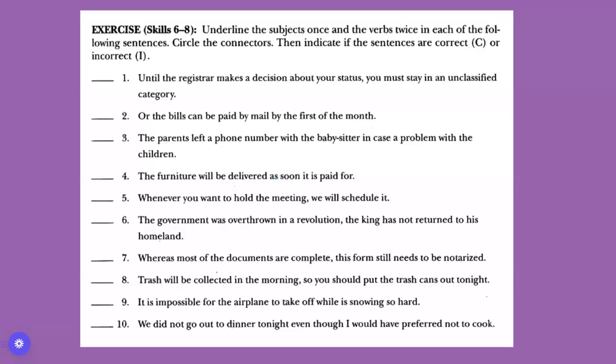Number 5 is correct. Number 6, missing connector. Could be "so." So the king has not returned. Number 7 and 8 correct. Number 9 incorrect. It's missing a subject. It could be "while it is." Number 10 correct.